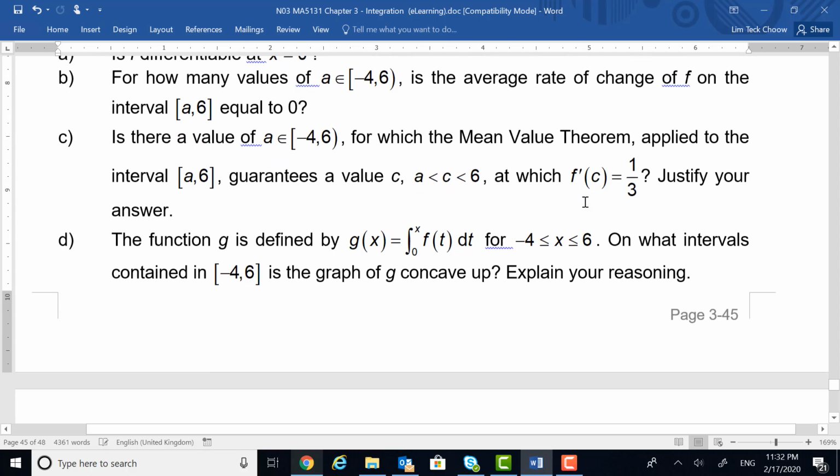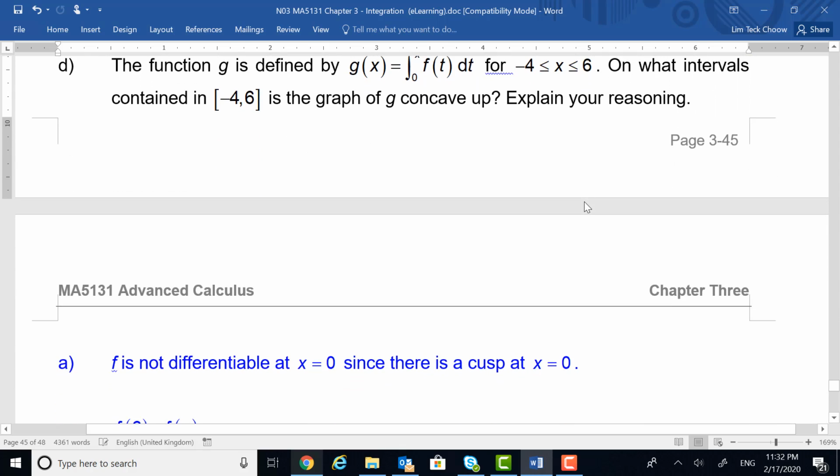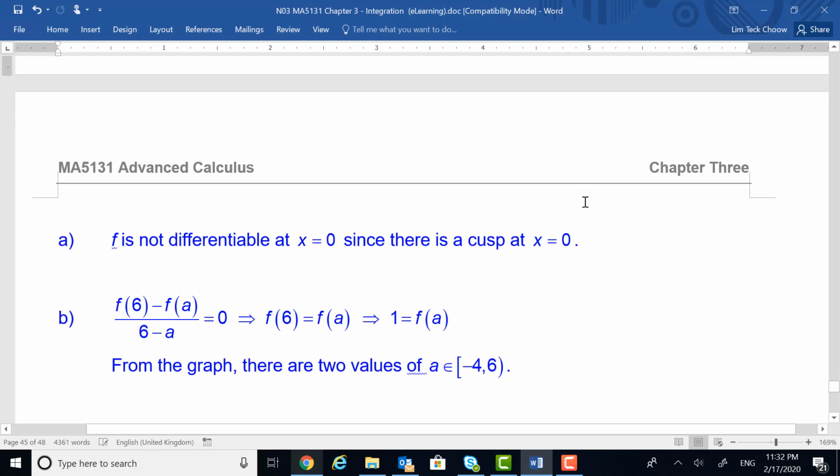The working for these parts is shown here. I'm going to scroll down slowly and you can jot down.